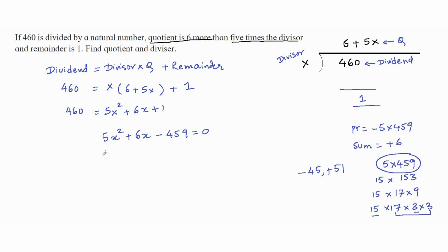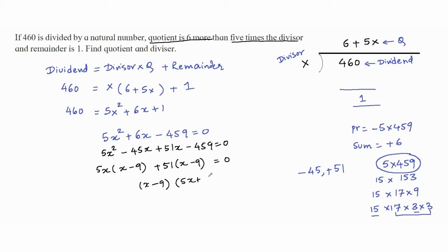So now what I get is 5x square minus 45x plus 51x minus 459 is equal to 0. Taking 5x as common, 5x into x minus 9 plus 51 into x minus 9 is equal to 0, which means x minus 9 into 5x plus 51 is equal to 0, and therefore x is either 9 or negative 51 by 5.